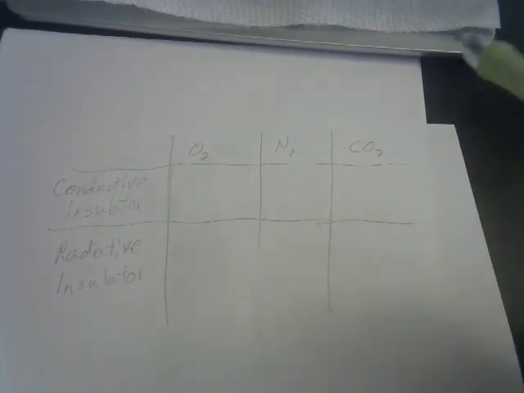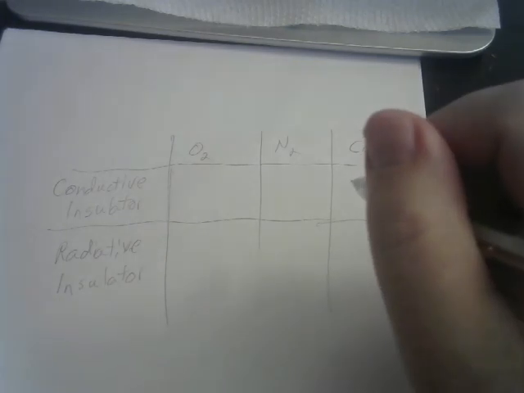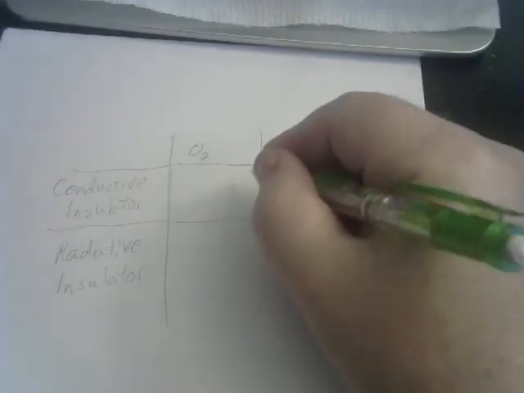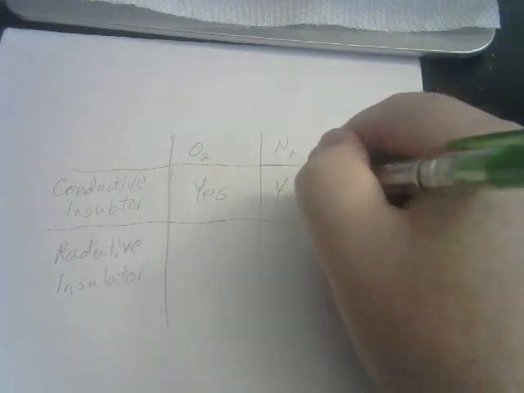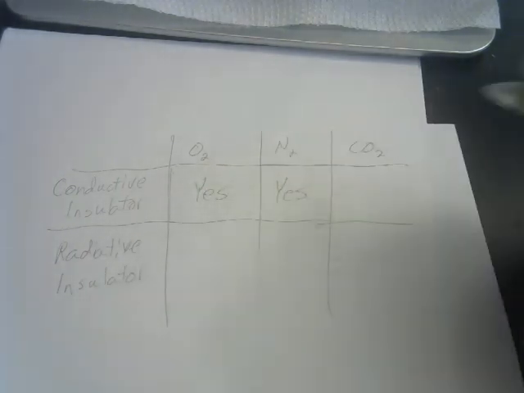I am not. I am not concerned about the heat passing through the oxygen and nitrogen. So I'm going to say that yes, oxygen and nitrogen are conductive insulators.